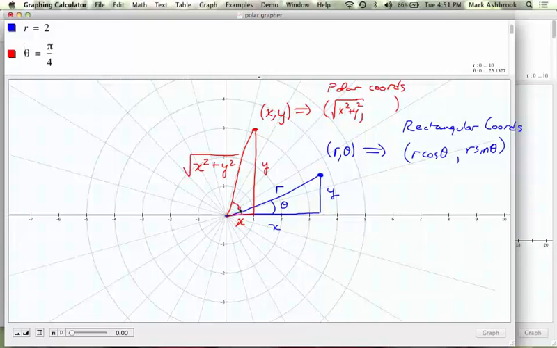Okay? And then what about the angle theta? So we know x and y, and we want to come up with theta. So how do y and x relate to theta? Okay, so theta, x, and y, we can bring those together through the tangent function. Tangent of theta is y over x, so then theta is tan inverse of y over x.